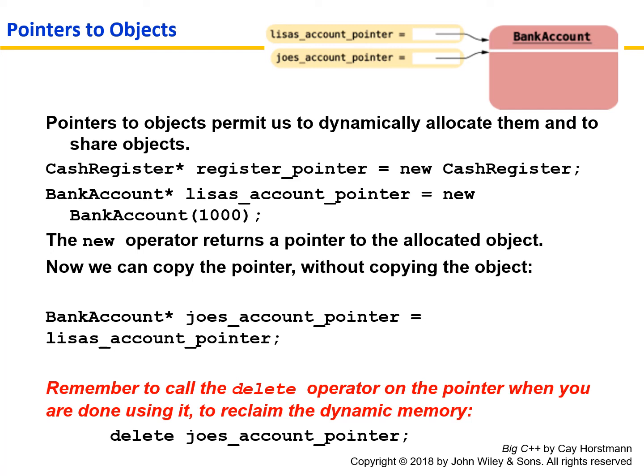We can let Lisa's account pointer equal a new bank account. We can do all of the things that we're used to doing with pointers and dynamic memory. Dynamic memory is a really handy thing to use with objects, because objects tend to take up a large amount of space in our programs.